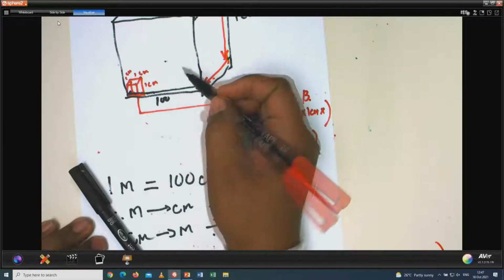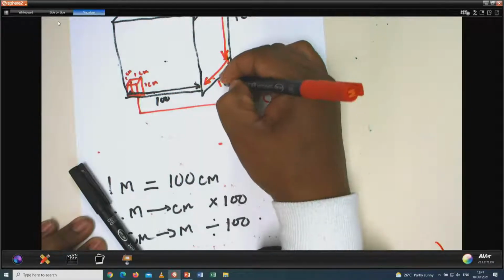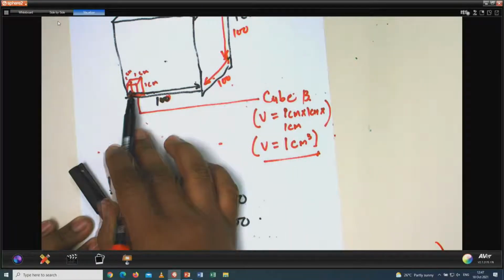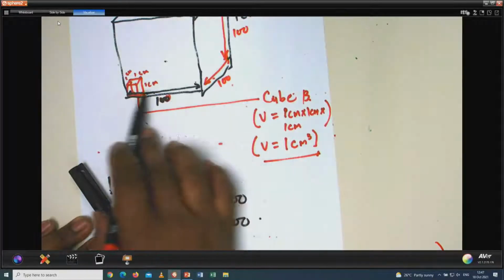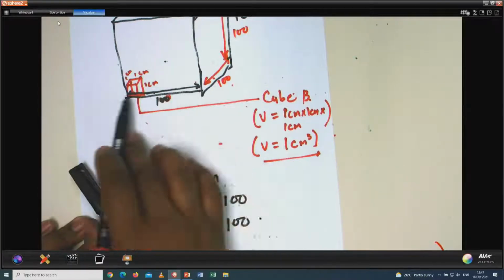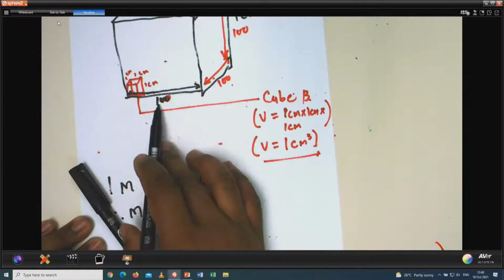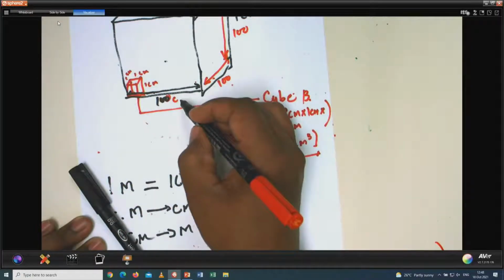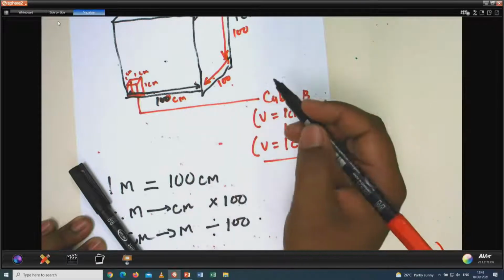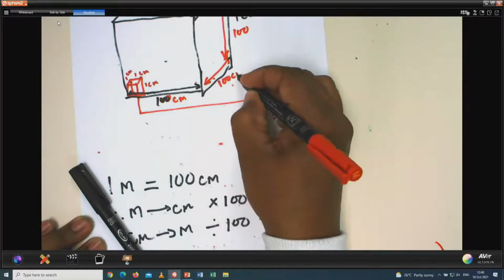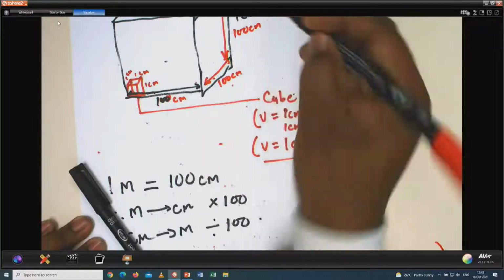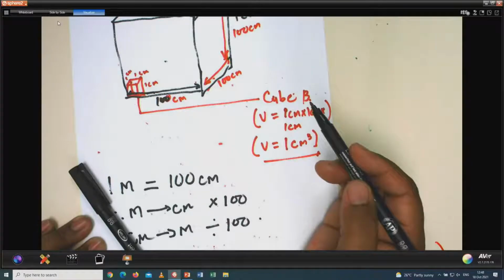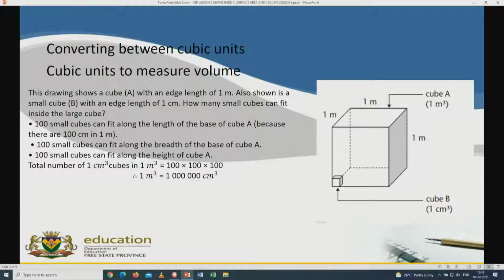It will be 100 of the red ones for this side, taking it as the length, so 100 centimeters, 100 centimeters, and the height also 100 centimeters.